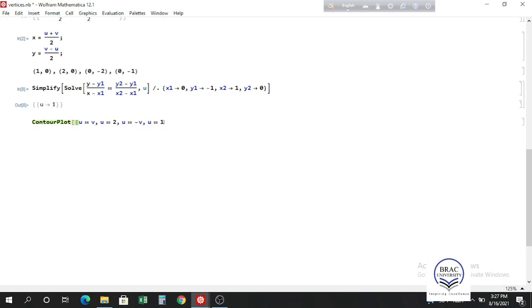And then give a range for u and v. Take u from minus 5 to 5 and v from minus 5 to 5 as well. Let's take the axis and axis label. Also, let's take the plot legends.